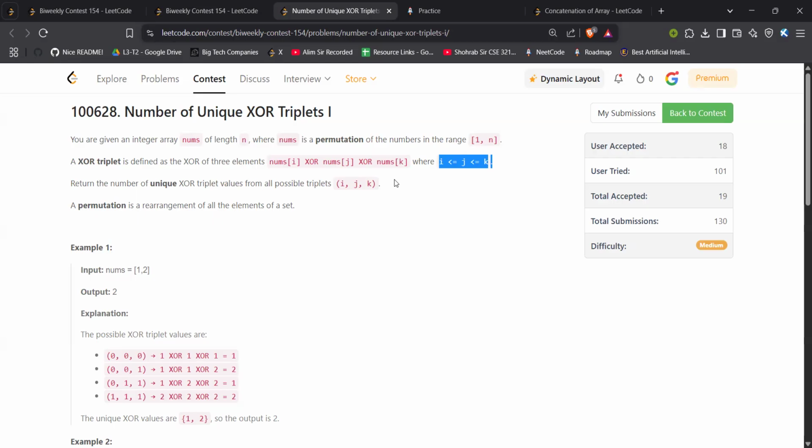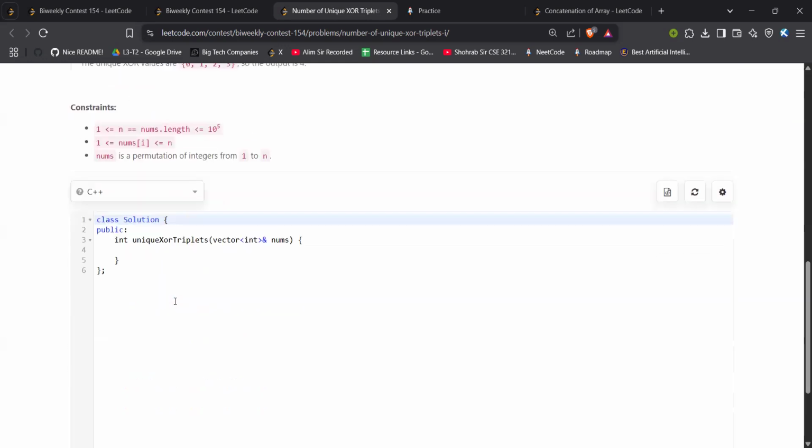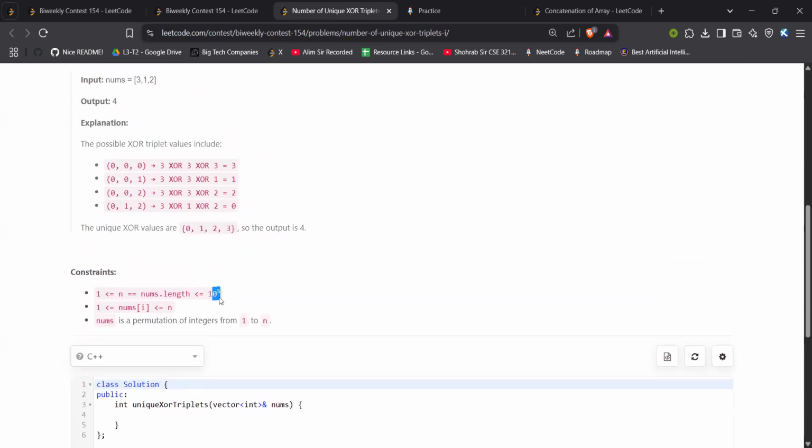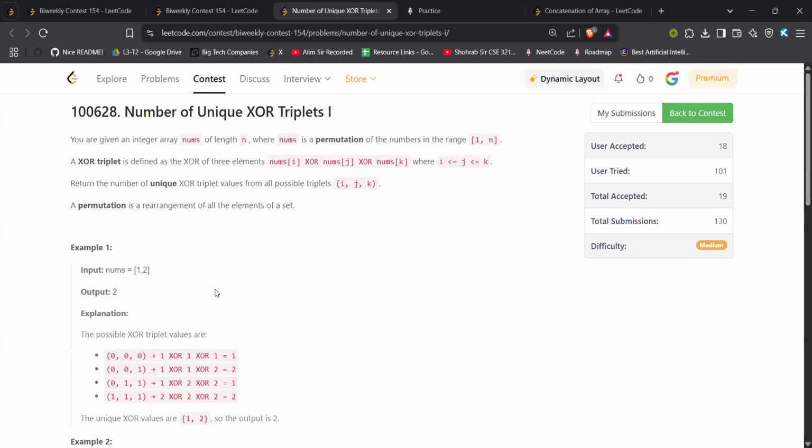from all possible triplets. Okay, so what's the constraint that we have to check first? The constraint is 10 to the power 5, so we can't do brute force. But the brute force idea is like 3 nested loops, but we can't do that. So let's try to understand the problem a bit better.